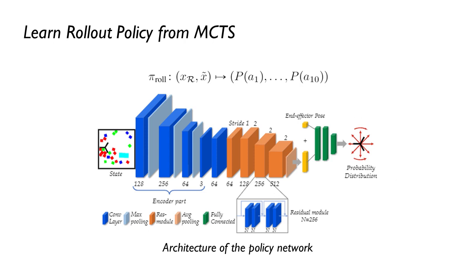Although a completely random rollout policy guarantees probabilistic completeness, it's much more effective to select actions in an informed way during simulation. For this reason, we learn a rollout policy from the successful sorting experiments to map the states to the probability distribution of the actions. To produce the labeled training data, we run our push sorting planner with the random rollout policy for sorting cubes with one static obstacle randomly placed in the scenes.